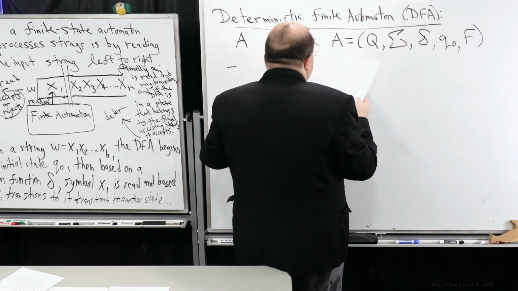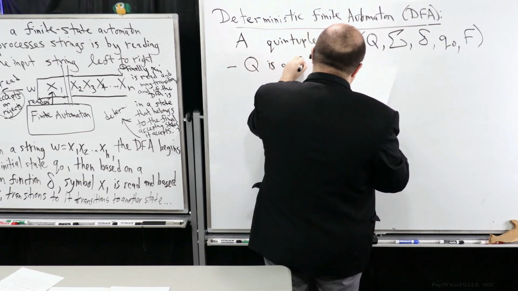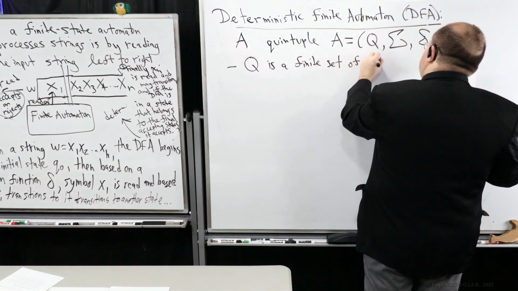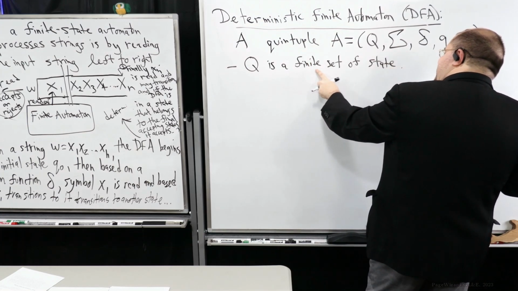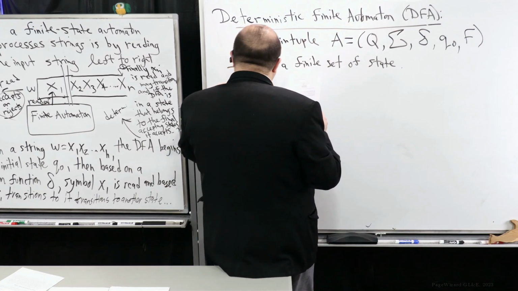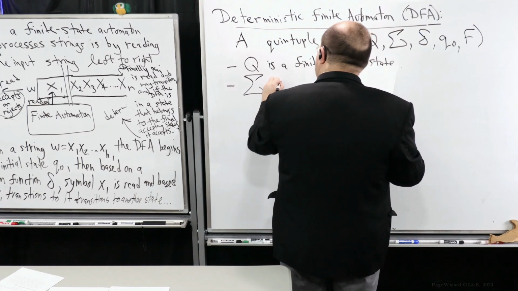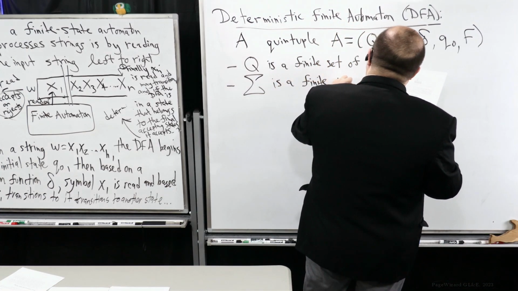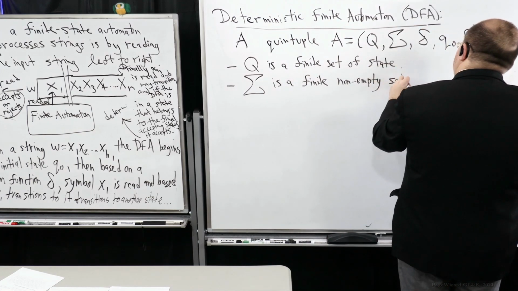So let me just lay out what all these are. So Q is a finite set of states. You might ask, Dan, why is it called a finite automaton? Notice that there's a finite possible number of states here. It's the first dead giveaway. Next, sigma is a finite non-empty set of input symbols.